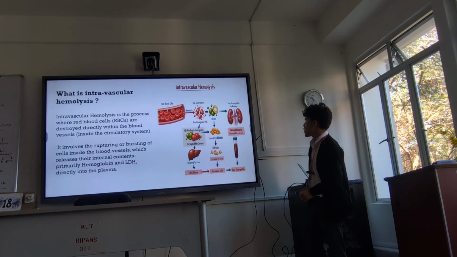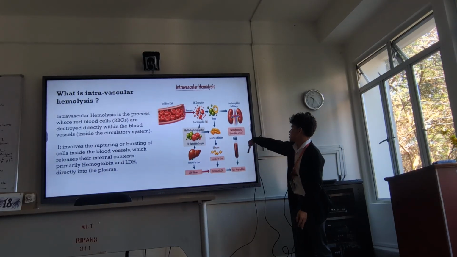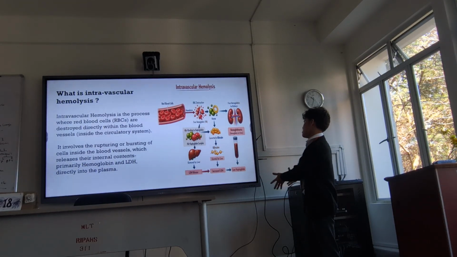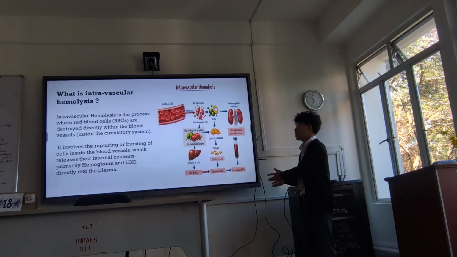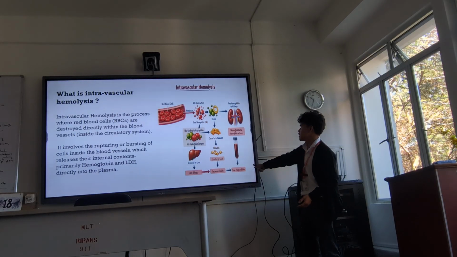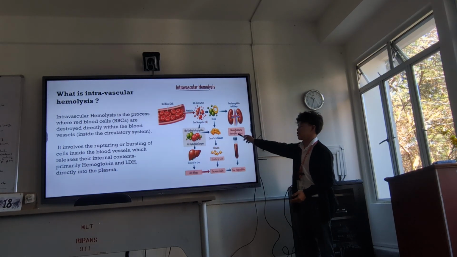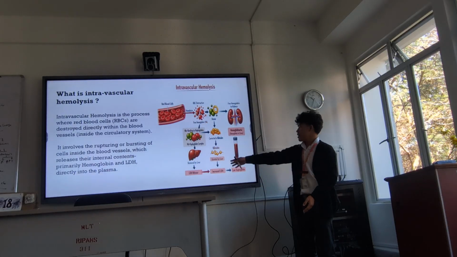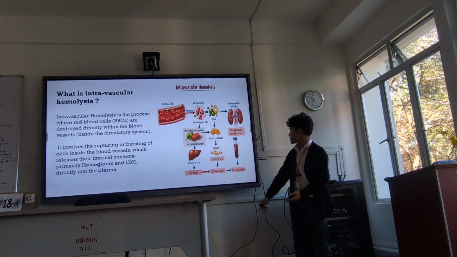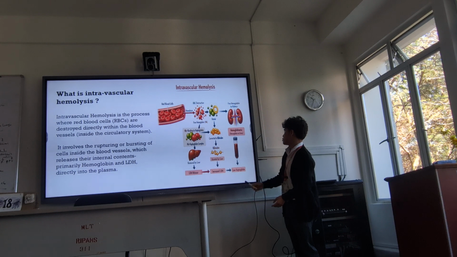And as you can see in this picture, we can also see the lab diagnosis. As part of the lab diagnosis, free HB will directly go to the plasma, which means HB will increase. Another thing is haptoglobin.